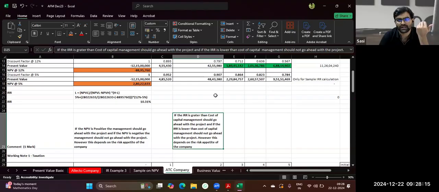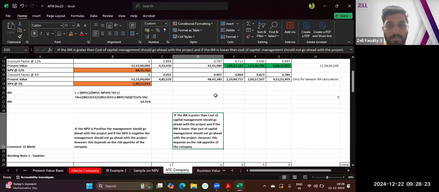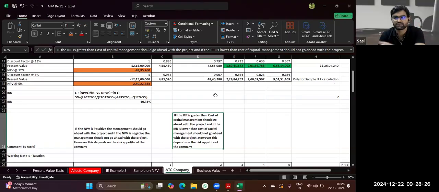So here IRR is 10.31%, which is lower than original discounting factor 12%. So based on that, the decision would be not going for this project. Correct.